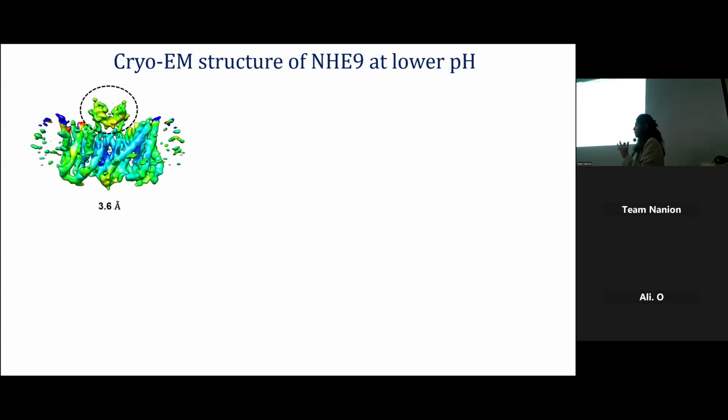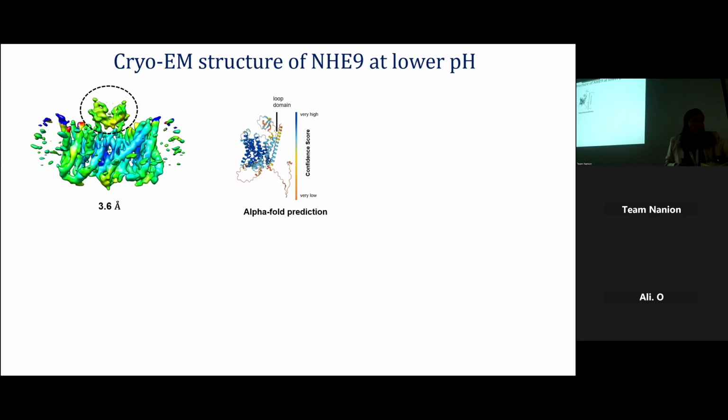If you have a focus mask around the TM region, then your loop region is not well resolved. But if you have the mask around the loop, then your TMs are not so well resolved. So we wanted to see the loop domain structure, so we focused on the loop domain, and we could resolve the structure.